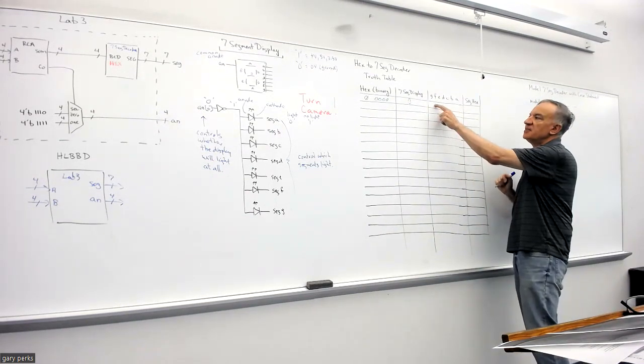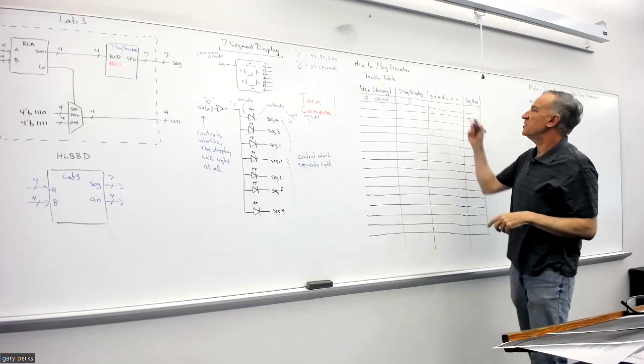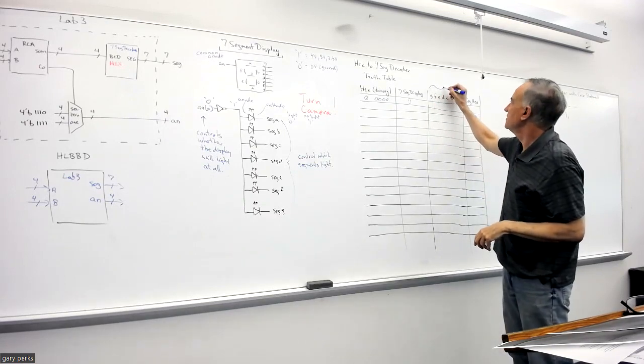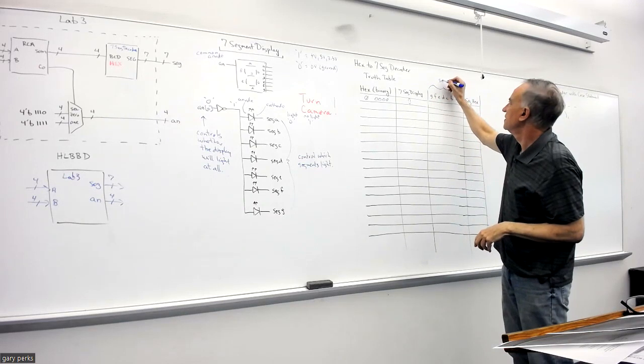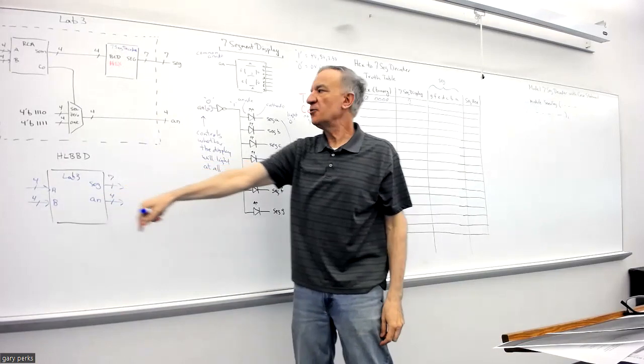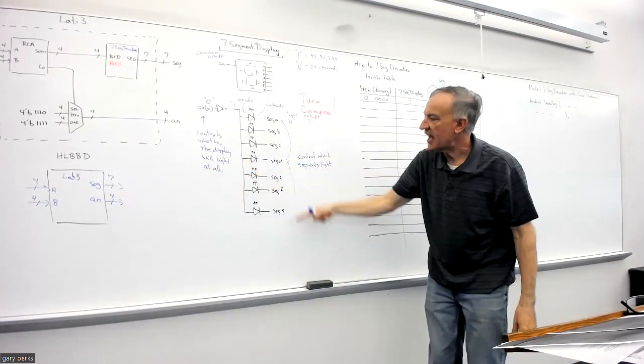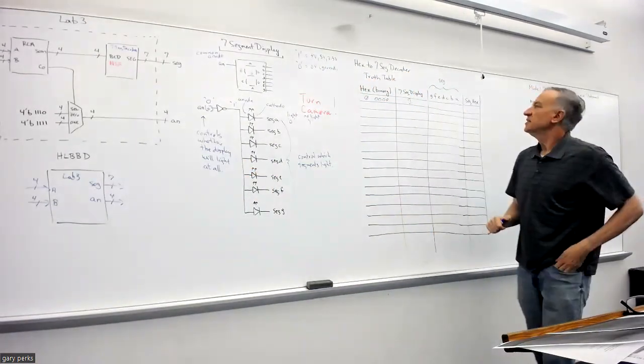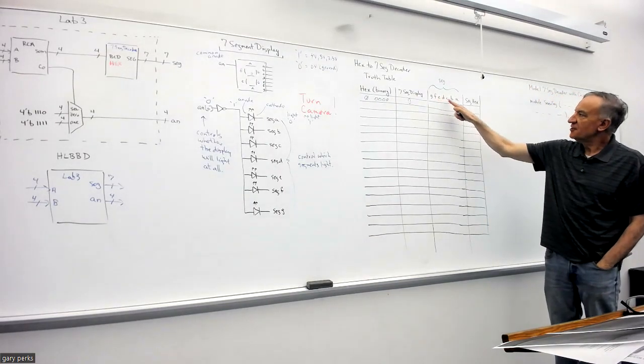Now, these are what our seg bits are going to be. This is our 7-bit seg output because we have 7 cathodes; you can see I have G through A here.